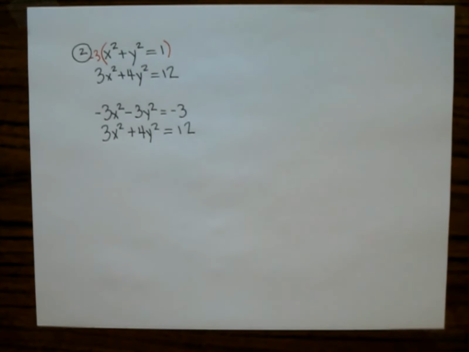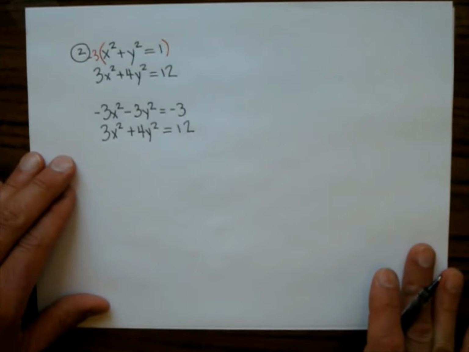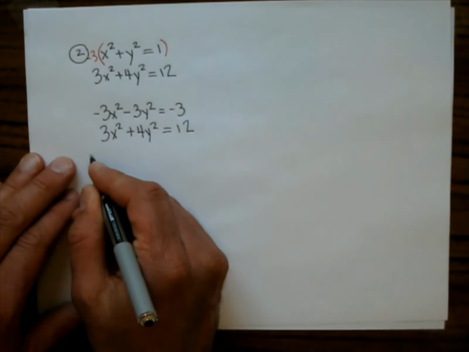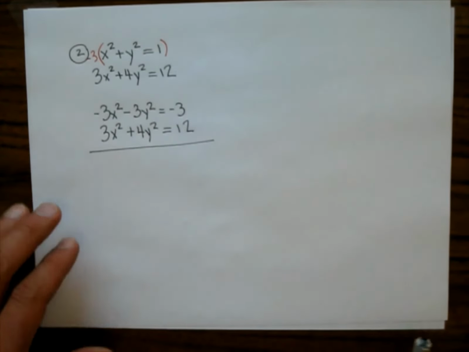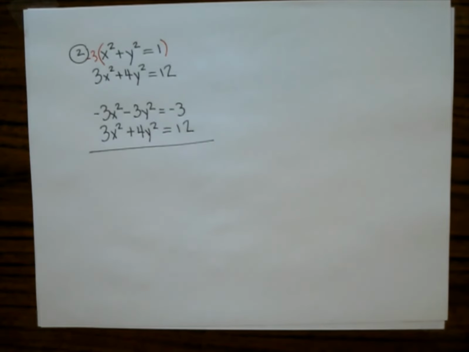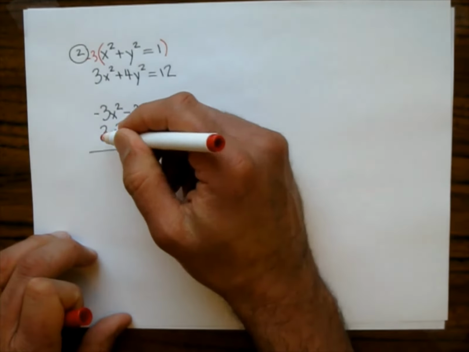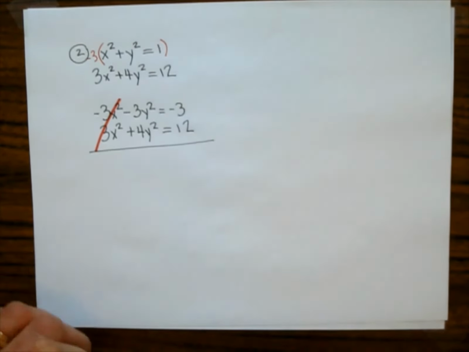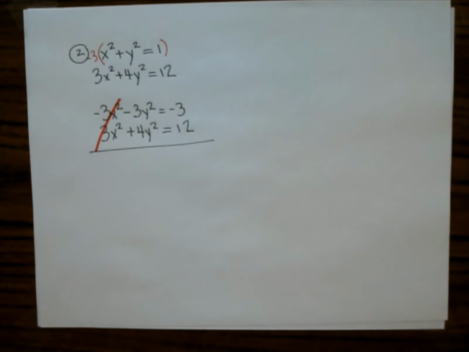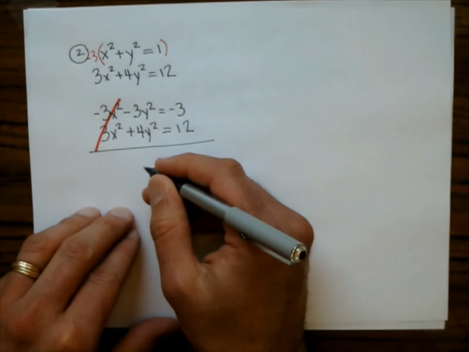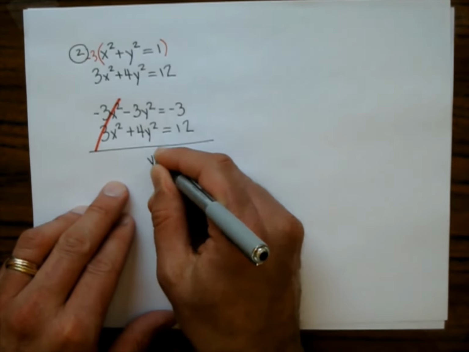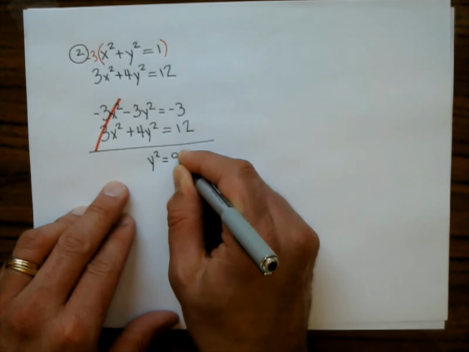Okay, so what is going to happen with this? I'm going to add these up, just like I did on the other system. So those are out of there. We end up getting y squared equals 9.